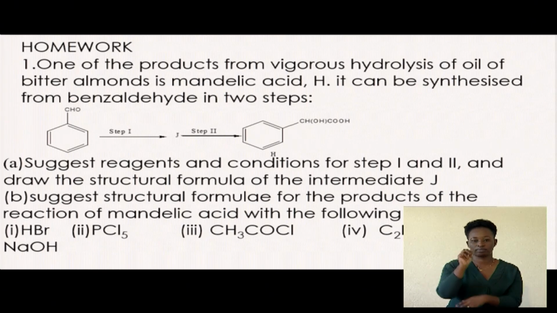A, suggest reagents and conditions for steps 1 and 2, and draw the structural formula of the intermediate J. B, suggest the structural formulae for the products of the reaction of mandelic acid with the following reagents: hydrogen bromide, phosphorus pentachloride, ethanoyl chloride, ethanol and hydrogen chloride, hydrogen in the presence of acid, and then finally sodium hydroxide. That's the question. I hope you have captured the question.